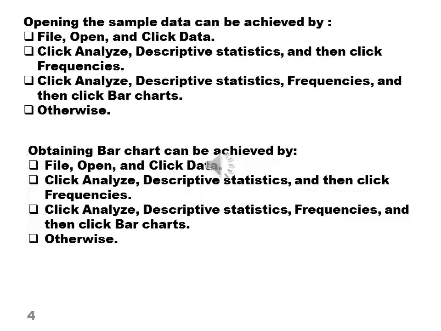Obtaining a bar chart can be achieved by: File, Open and click Data; click Analyze and then click Frequencies; or click Analyze, Descriptive Statistics, Frequencies and then click Bar Chart. You must click Analyze, and you can perform all these steps on your computer. Click Analyze, Descriptive Statistics, Frequencies, and then click Bar Chart to draw a bar chart about your saved data in your SPSS program.